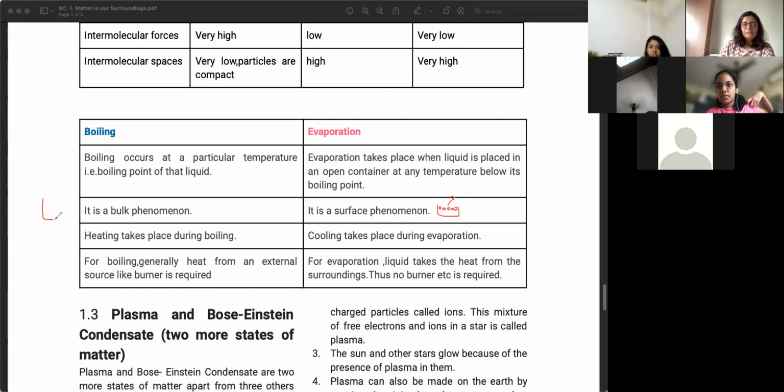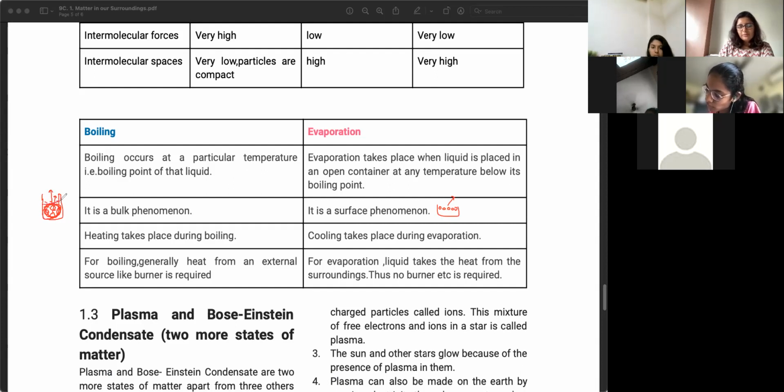Bulk phenomenon, what it means is that if you've ever seen water boiling, niche se you have bubbles coming up, right? So even the particles that are inside in the bulk of the container get enough energy to get converted into vapor state.